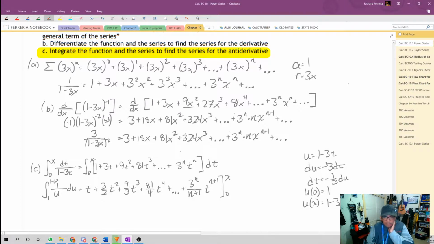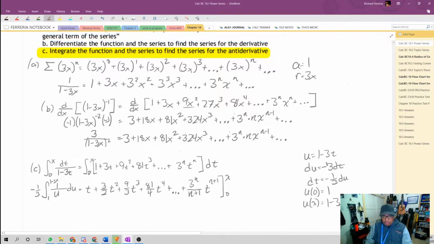Actually, I forgot the negative 1/3. Let's put that right there. And then the right side I've already integrated. Integral of 1 is t, 3t is 3/2 t squared. The very last, the general term, 3 to the n is constant, and the antiderivative of t to the n is 1 over n plus 1 multiplied by t to the n plus 1.